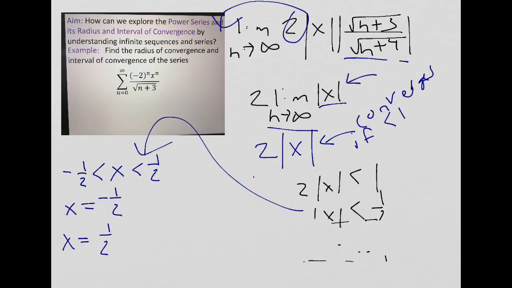We actually end up needing some space, so let me keep erasing this. We end up needing a substitution. So where are we going to substitute? We're going to substitute it into a series.